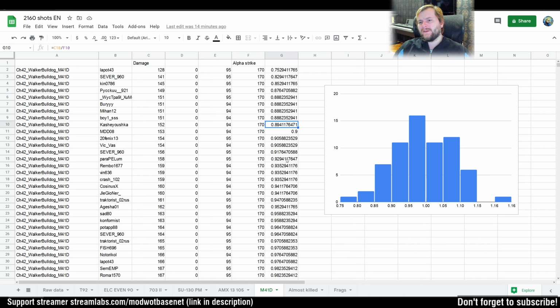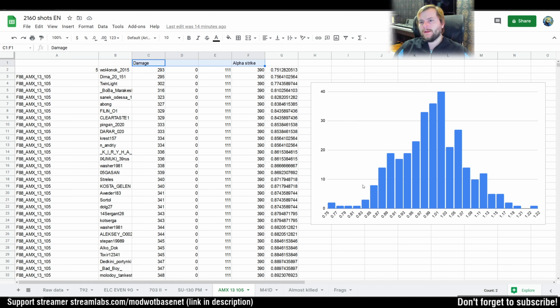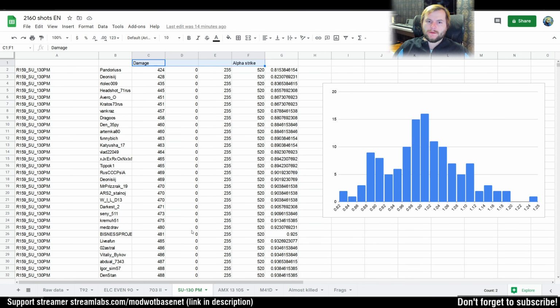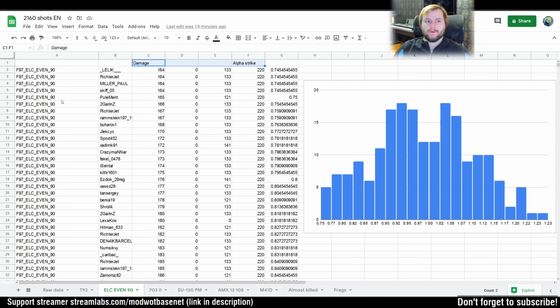As for other tabs, this data is sorted for several tanks with alpha strike, HP left, current damage, and distribution of damage done by this tank, and this, like I said, are pretty nice bell-shaped curves, but it's just a bit more comprehensible to analyze it in this way. So this is data regarding only one tank, or this data is for ELC even 90, and so on.